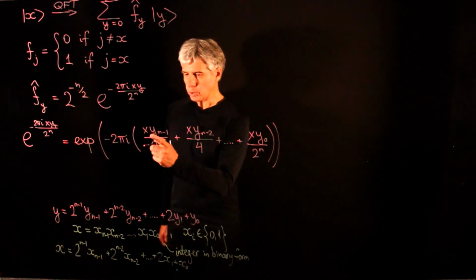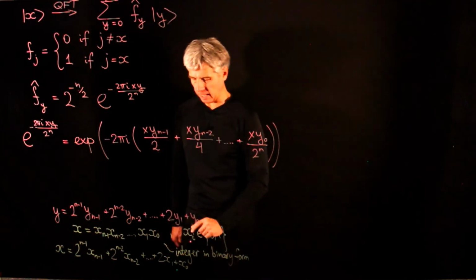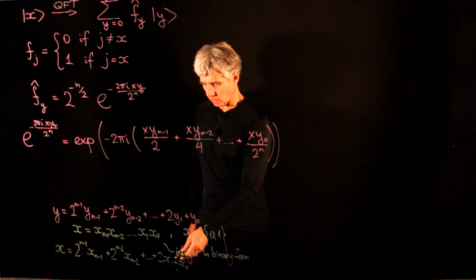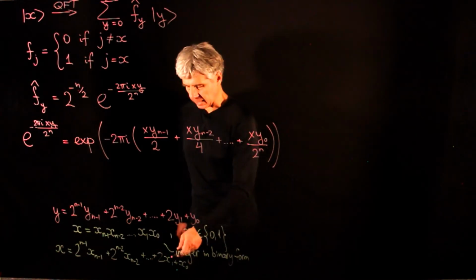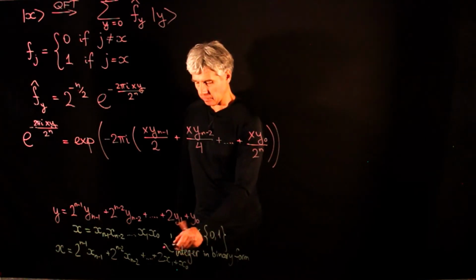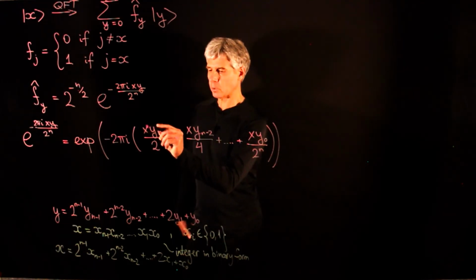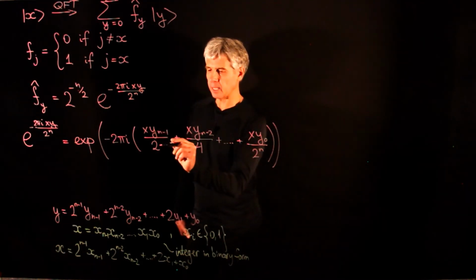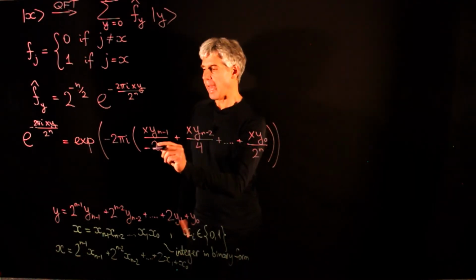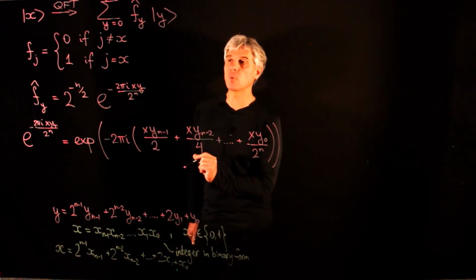But we also have an expansion for x in this way. And what we see is, for the first term, all bits of x starting from the bit x_1 are going to be irrelevant. Because if we take, for example, the term 2x_1, then the 2 will cancel, and we get the integer x_1 times y_(n-1). And the exponential of an integer multiple of 2πi is equal to 1, right?